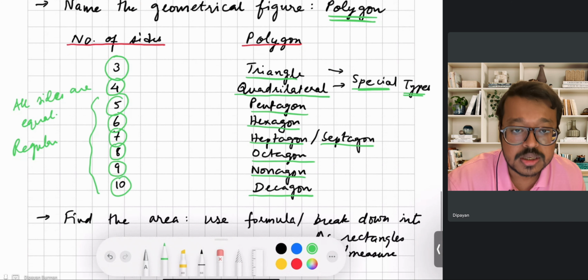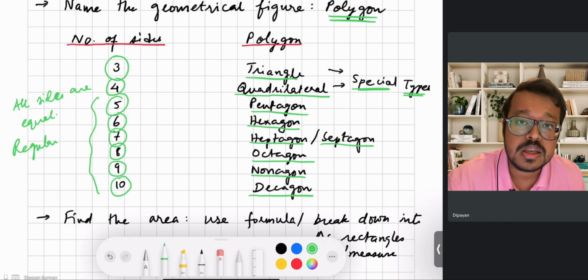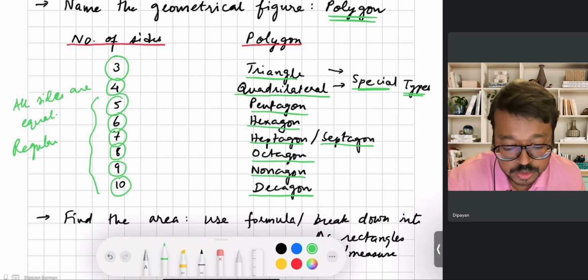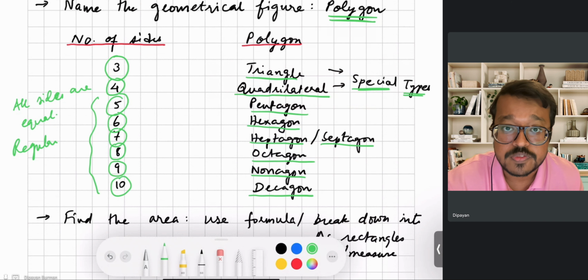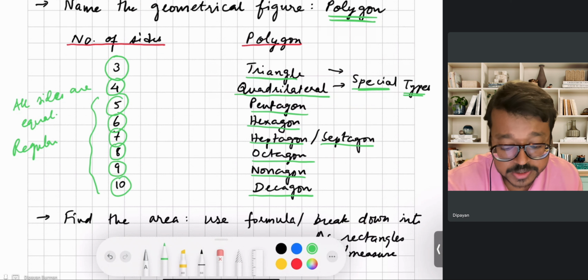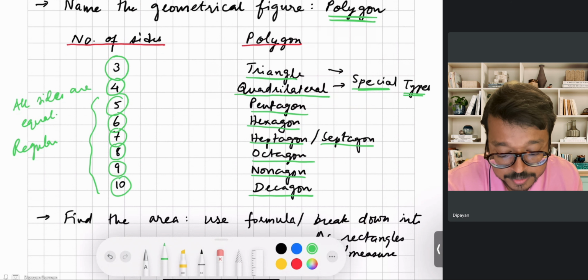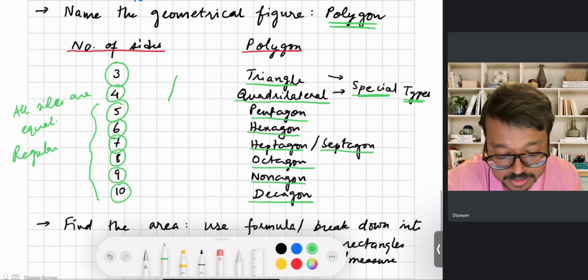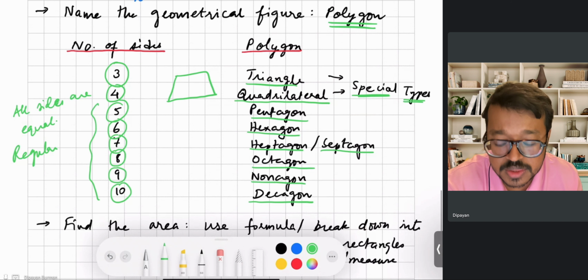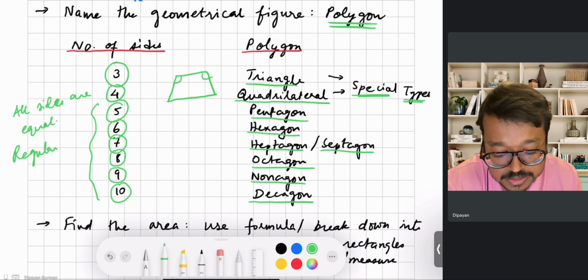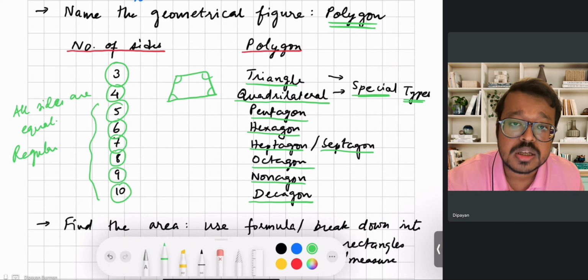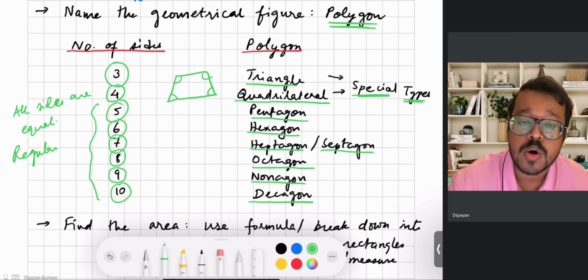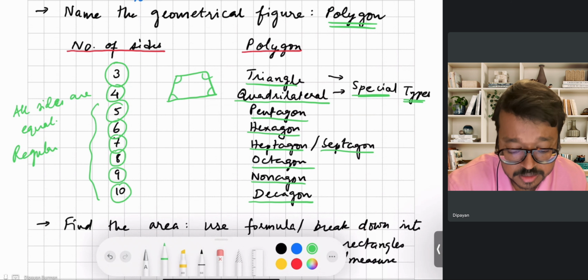Another kind of polygon can be a concave polygon. The shapes that we usually draw for any polygon are convex polygons. For example, if I'm drawing a quadrilateral, it will look something like this. So all the interior angles in the polygon will be less than 180 degrees.